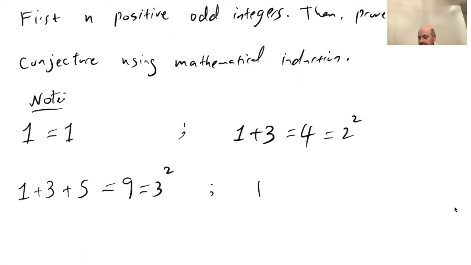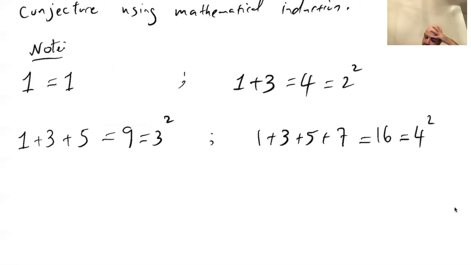I look at the next case, the sum of the first 4 positive odd integers, 1 plus 3 plus 5 plus 7. If I add them, 4 plus 5 is 9, plus 7 is 16, and 16 is 4 squared, and so on.